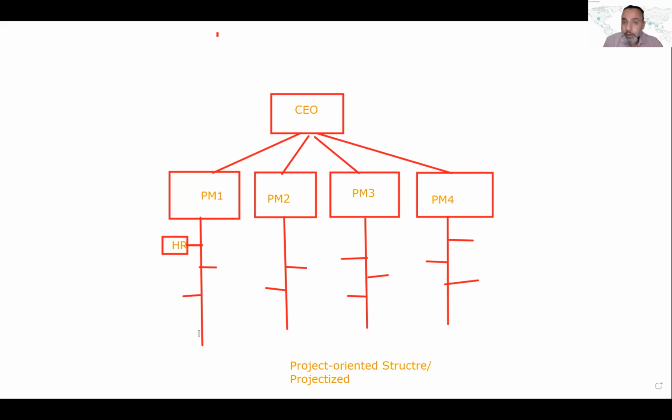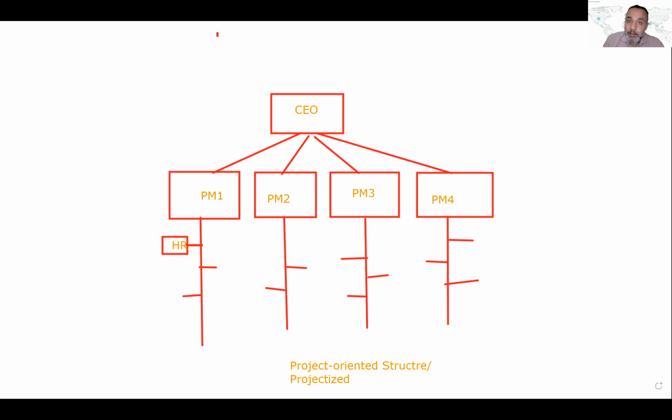So basically you are working as a project coordinator. So again, the level of authority of a project manager depends on the culture and the structure of the company.